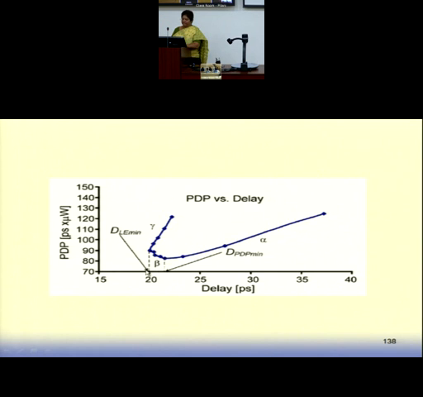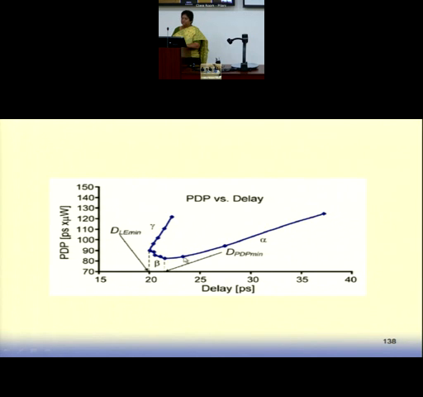Wherever you have minimum delay, there you might not have a PDP minimum. Delay is minimum here, and this is the point where you have a minimum delay, but PDP might be increasing. And somewhere here PDP is minimum, but delay might be rising.